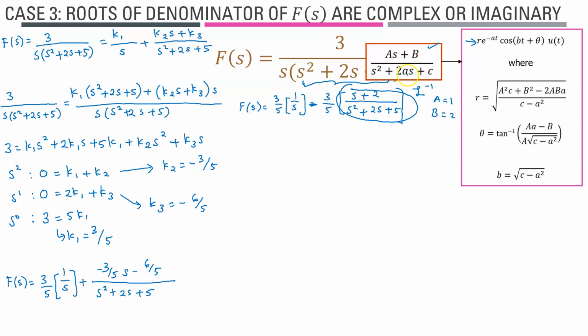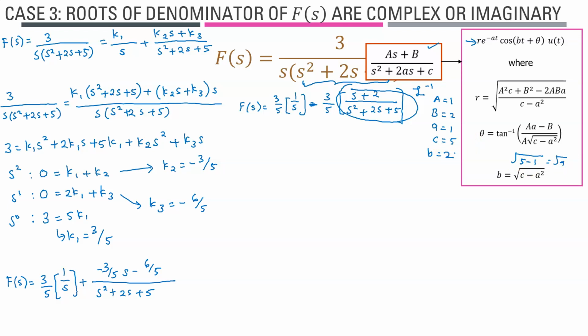Here 2a s equals 2s, so 2a equals 2 and your small a equals 1. And c is this one, so c equals 5. Now b, if you substitute here, square root of 5 minus 1, so it's square root of 4, so you get b is 2.